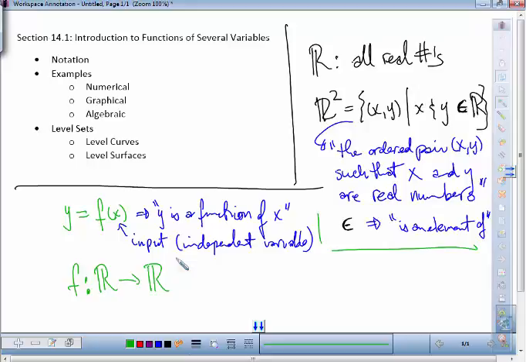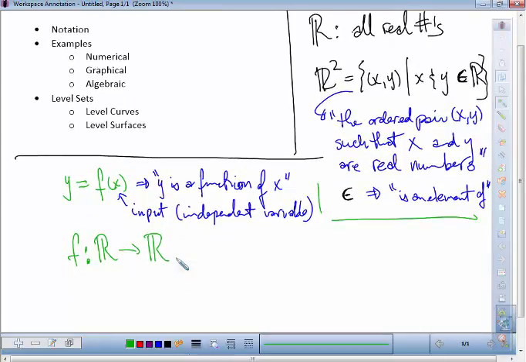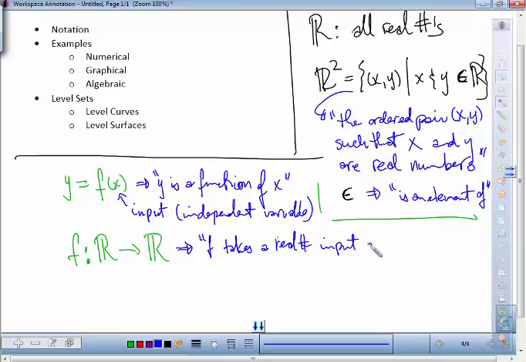A function that takes a real number as an input and then gives you another real number as an output. f takes a real number input and outputs a real number.